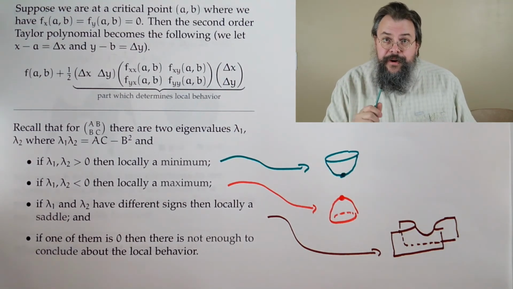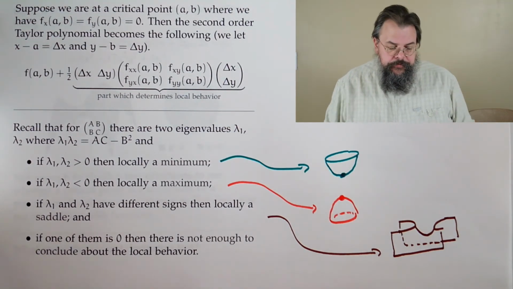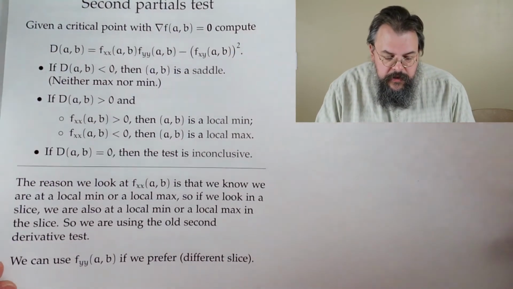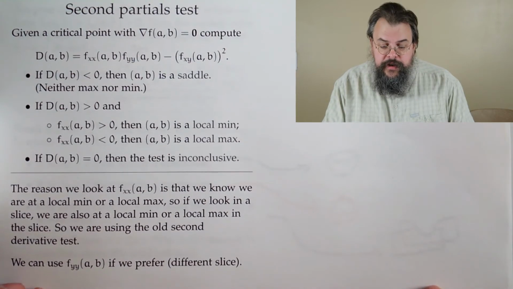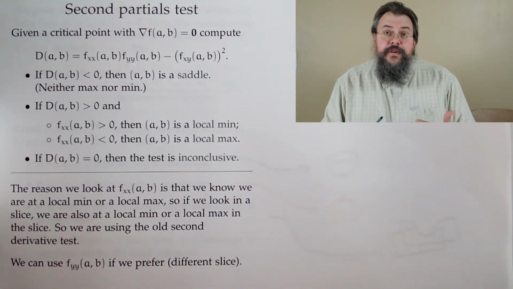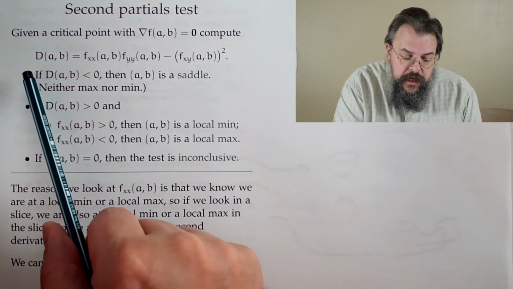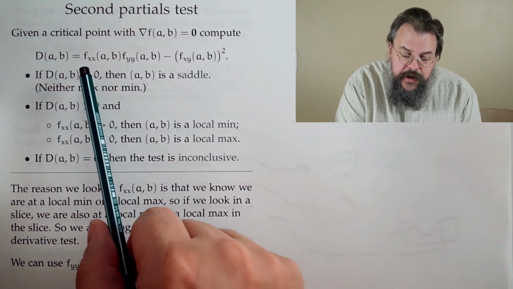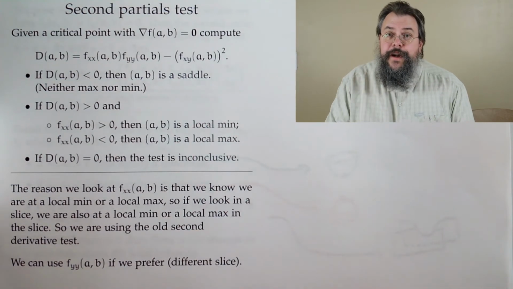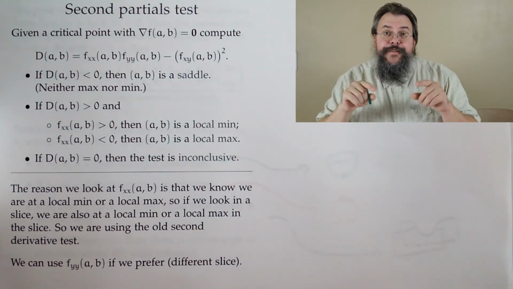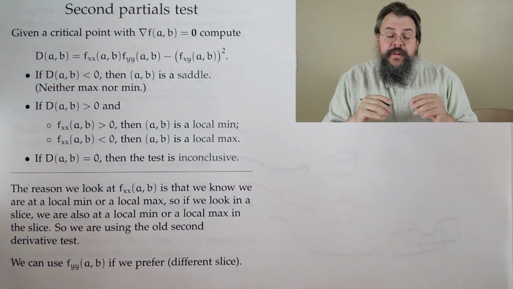All right, so here we go. If we're at a critical point where our gradient is equal to 0, then we compute this value D. And it should look familiar: fxx times fyy minus fxy squared. In other words, it's the determinant of that 2 by 2 matrix.